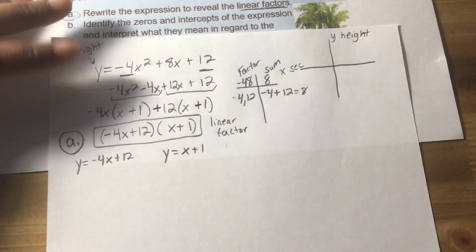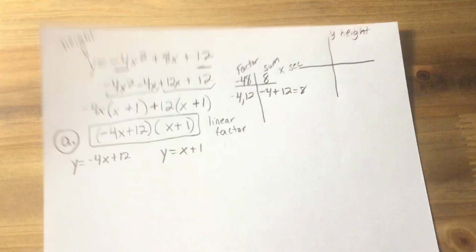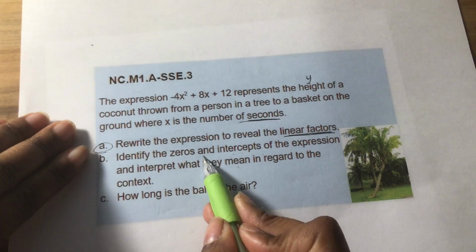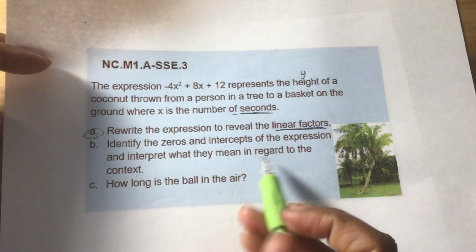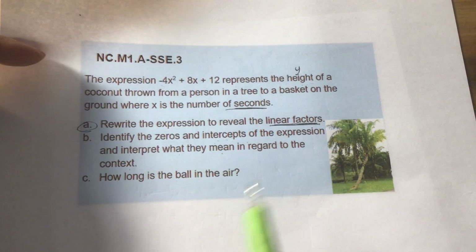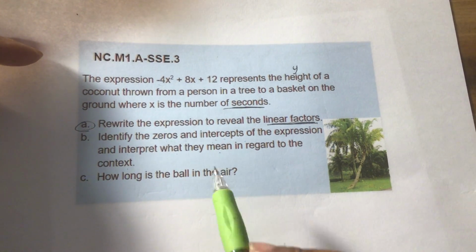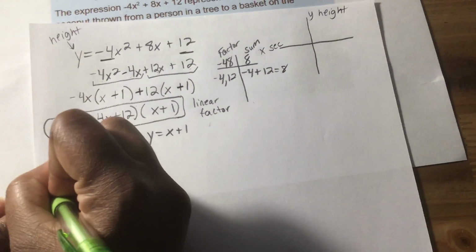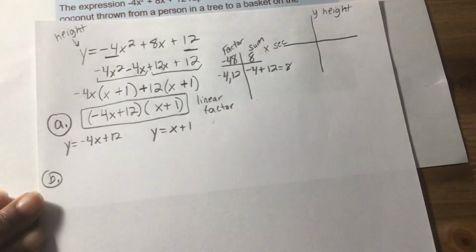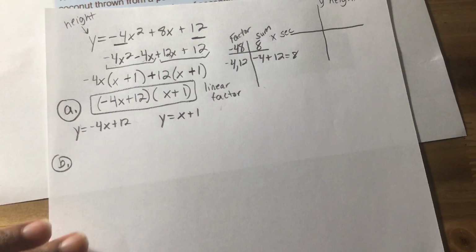All right, so let's look at B, where it's asking us again to identify your zeros and intercepts. It says intercept, so I want to go over both the X and the Y-intercept because it didn't say X-intercept. So let's do B. We're going to find the X-intercepts first.